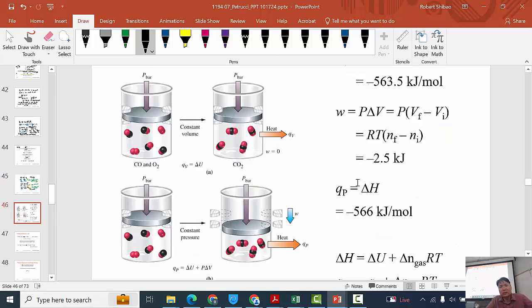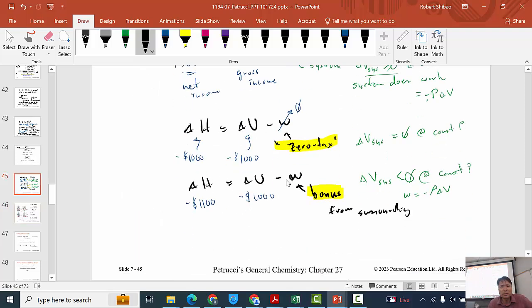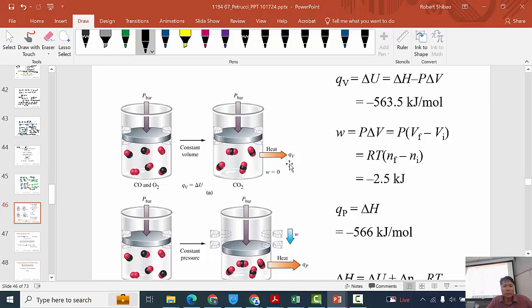All right, so we'll take a look here at these. What's going on here? We have CO and O2 and CO2. This is fixed volume. As you can see here, the volume can't change, so it's constant volume. So the heat, QV, is delta U in this particular case. There's no work that can be done at constant volume, and so all the internal energy change is converted into QV.